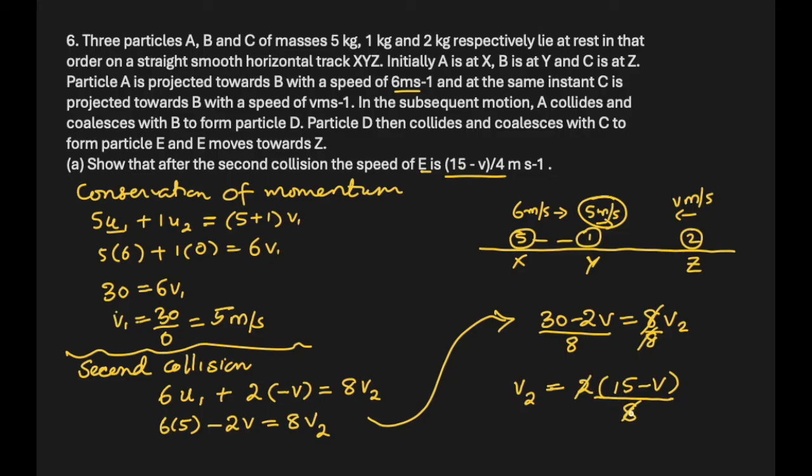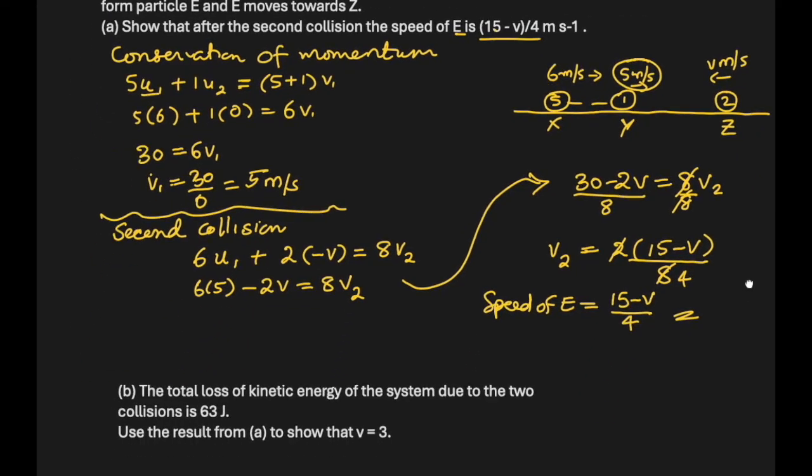And this 2 and 8 cancel out, we get what they asked us to show. This is the speed of E after the second collision. We've shown it. Let's go to the second part.